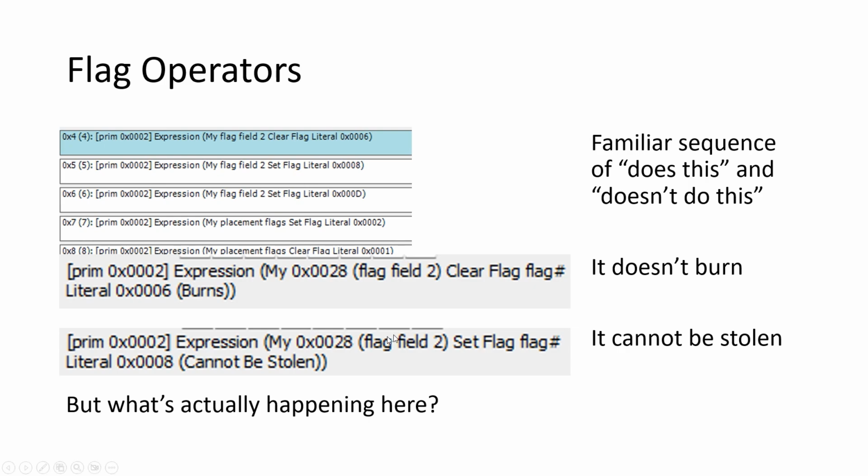If we set the flag 8 in the same thing, which is cannot be stolen, then it cannot be stolen. And for setting, things appear on end tables, tables, deco slots, that's kind of where we usually come across setting and clearing flags.